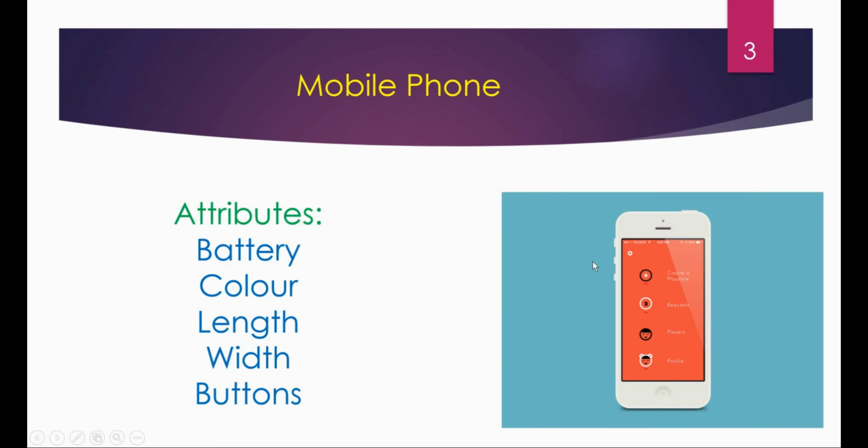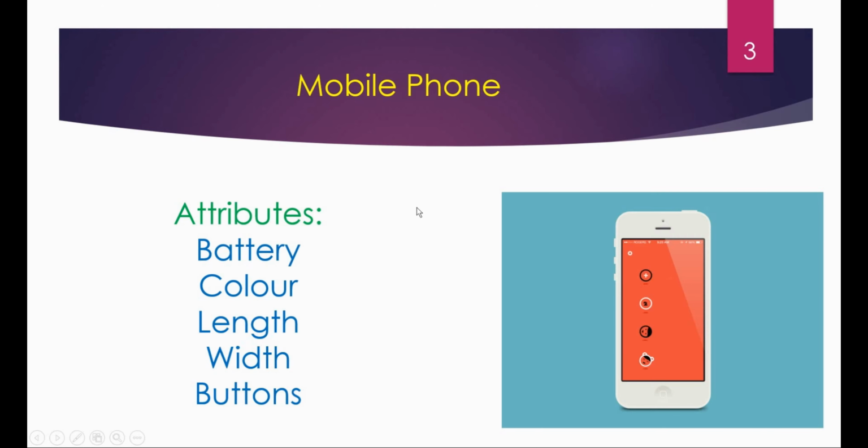Let's take an example of a mobile phone, like an iPhone 11 or iPhone 6, it doesn't matter. That iPhone 6 or 11 will belong to this class, mobile phone. And that object, iPhone 6, will have these features or attributes, as we say in programming languages. Its attributes will be battery, color, length, width, and buttons.